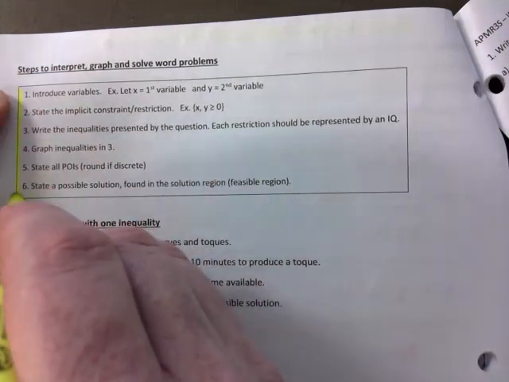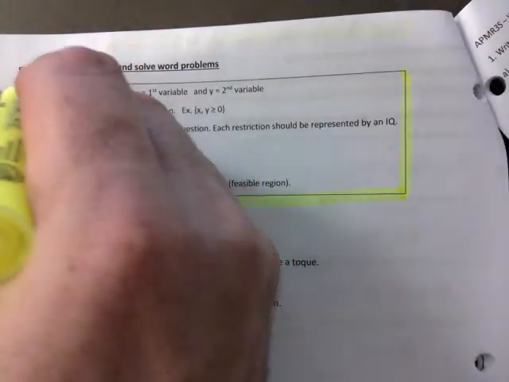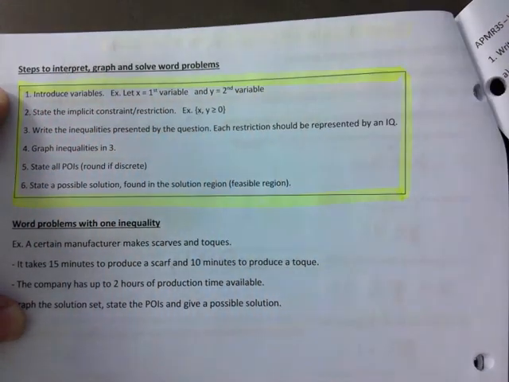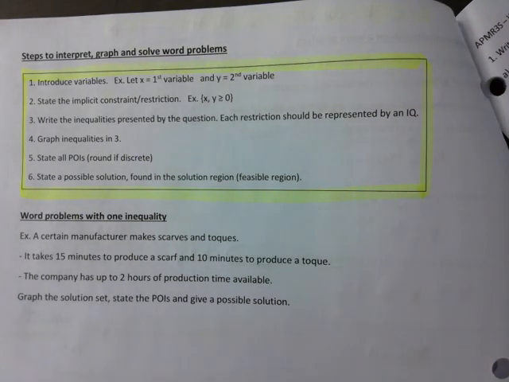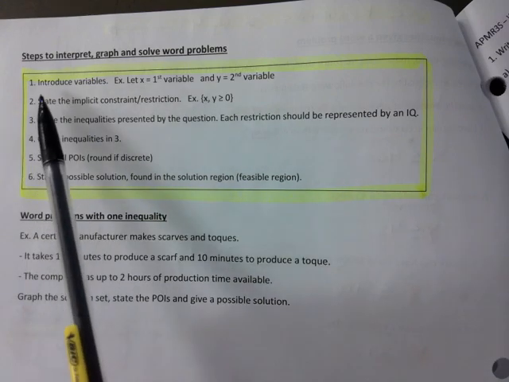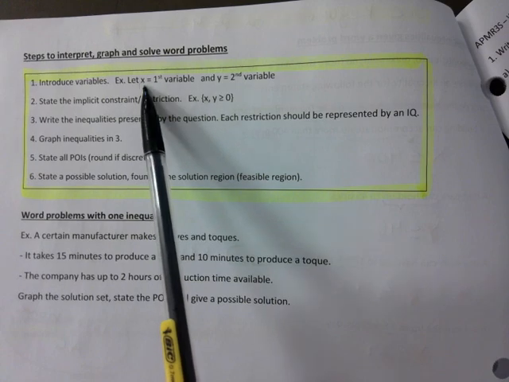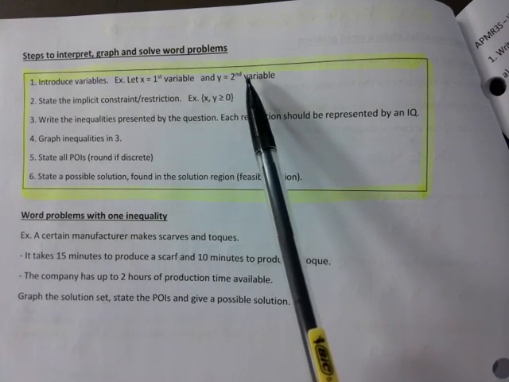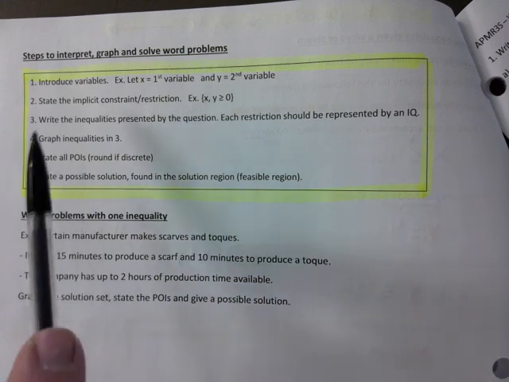So I'm just going to highlight this box because it's very, very standard, and I've tested it against all the problems that I assigned. I've always worked through them before. So the first step would be very important: introduce your variables, right? So let x be the first variable, y be the second variable. I really stick to x and y most of the time.